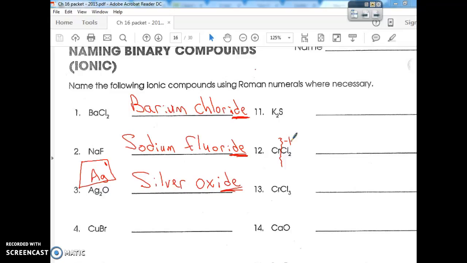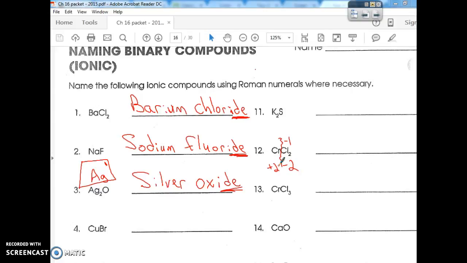Now you have 2 chlorines. That's what that subscript is telling you, Cl2. So what this is telling you is you have 2 chlorines. Each one is donating a -1 charge, which means the right-hand side is a total of -2. Now that means the left-hand side has to be +2 to balance it out, because these things have to remain electrically neutral.